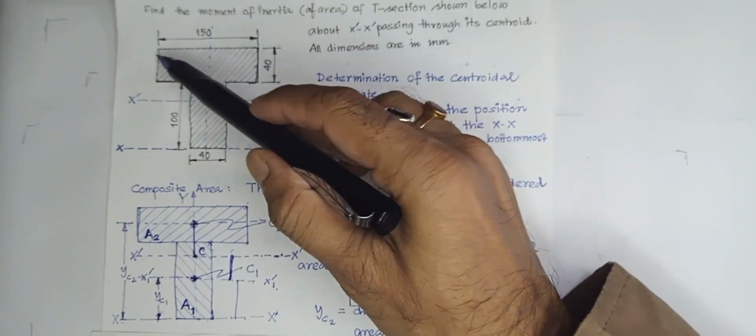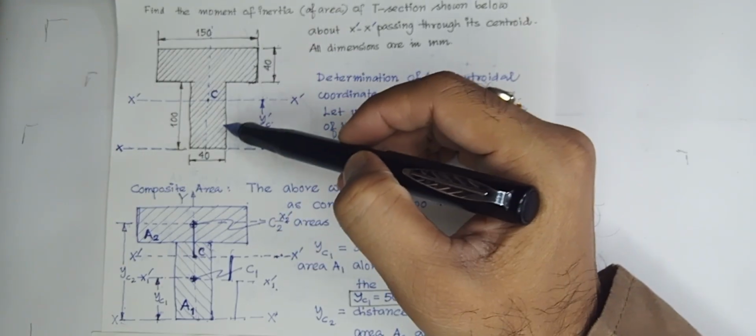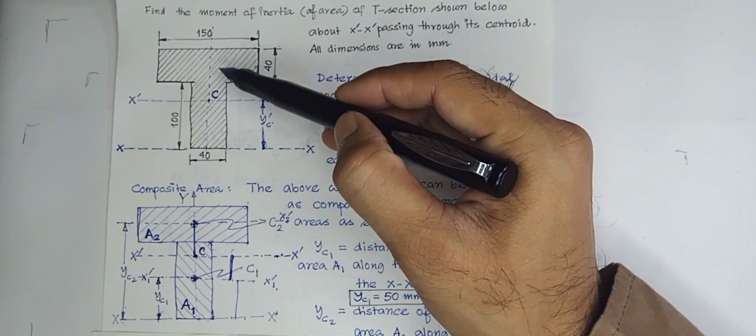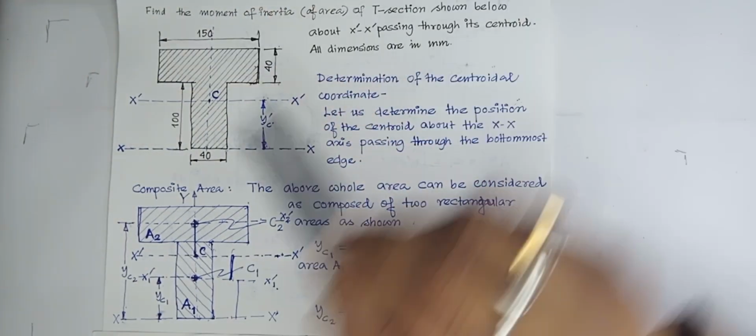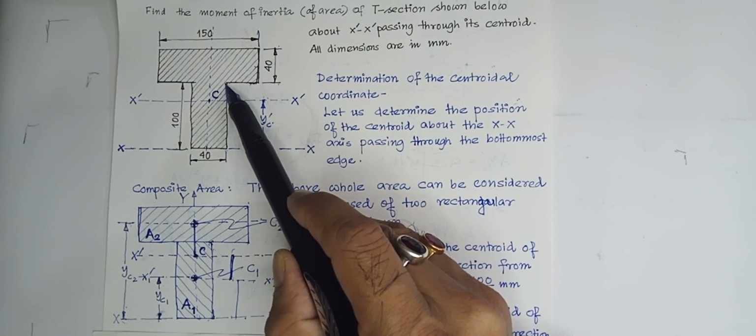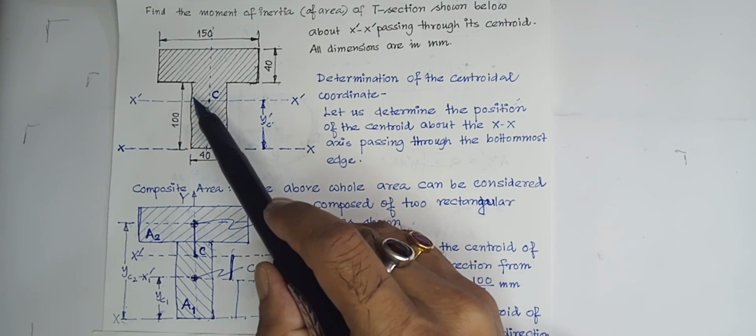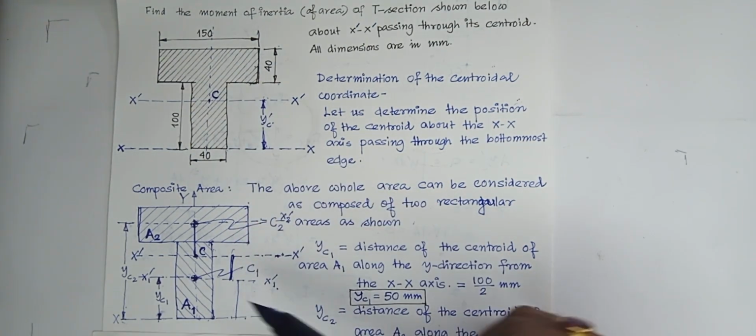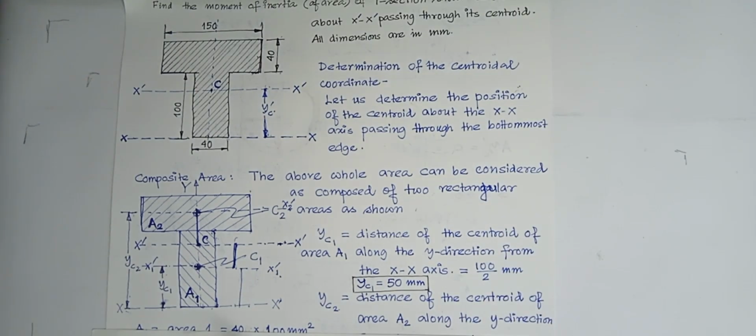That means we will consider this whole area to be composed of two regular areas. Therefore what we will do, we will draw one line here so that it will make it two rectangles, this one, another one. So here I have shown that.